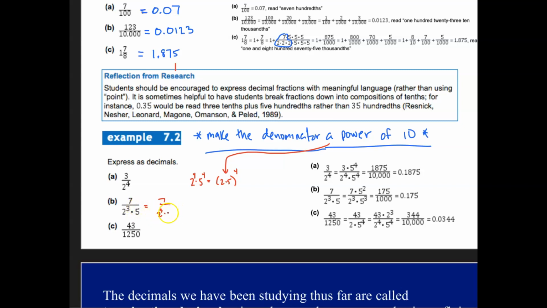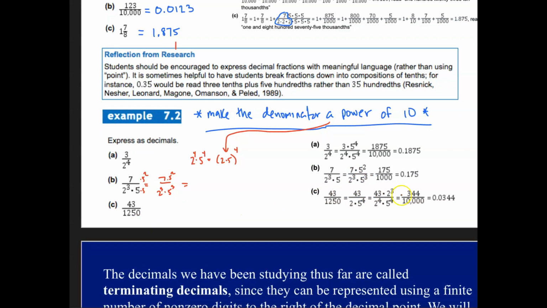In order to get that, I need to multiply the top by 5 to the power of 2, because there's already a 5 down there. So it's 5 squared times 5 squared, and that's where you get your 5 times 2, your 10. So take a look at how that was converted there. Notice here 1250 is the same as 2 times 5 to the power of 4. And then I need to make it have the same powers, and then I can get my power of 10.